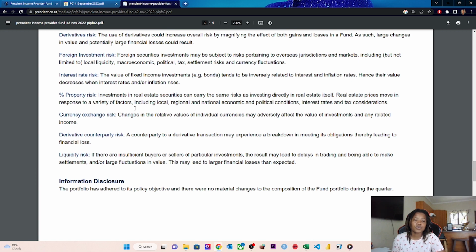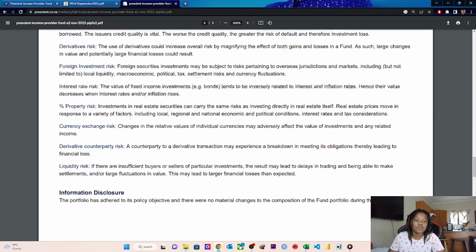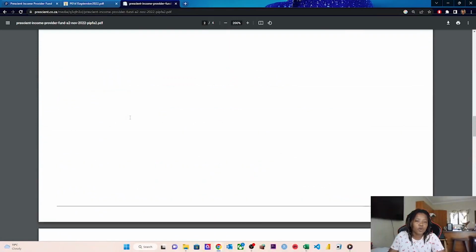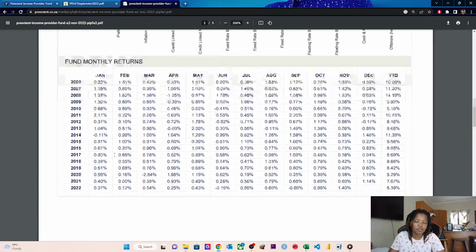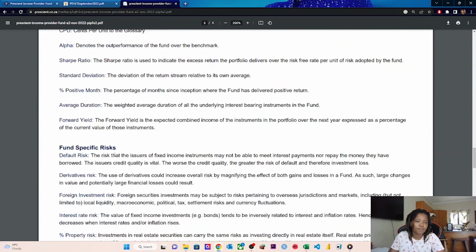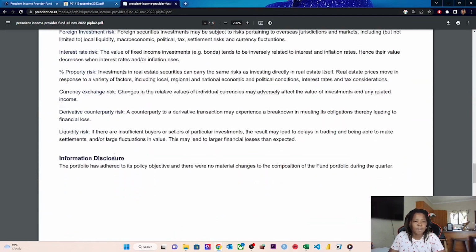Investments in real estate securities can carry the same risk as investing directly in real estate itself. Real estate prices move in response to a variety of factors, including local, regional, and national economic and political conditions, interest rates, and tax considerations. I don't think we have to worry about that for this fund, because the real estate portion is very small relative to the whole book.